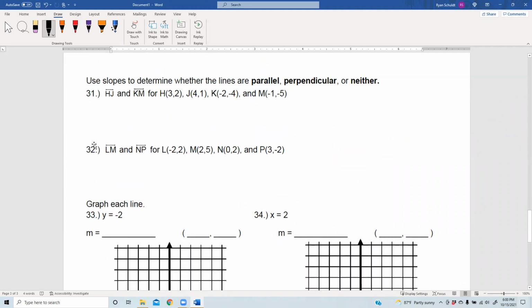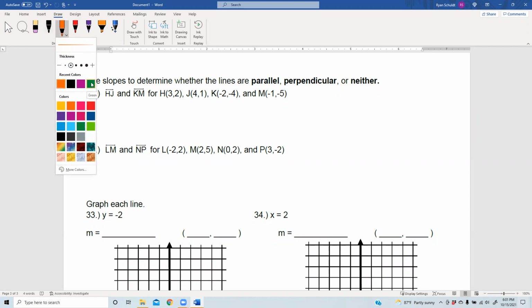Okay, 31. For 31 and 32, we have to find slope to determine whether the lines are parallel, perpendicular, or neither. So first they ask me about HJ.